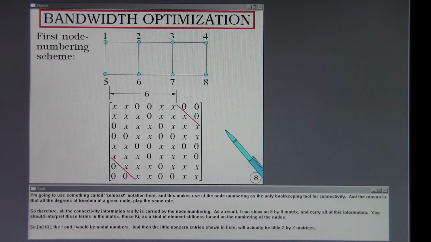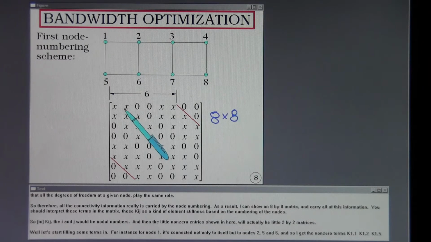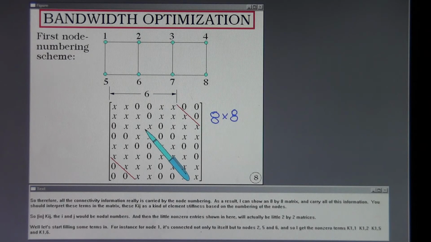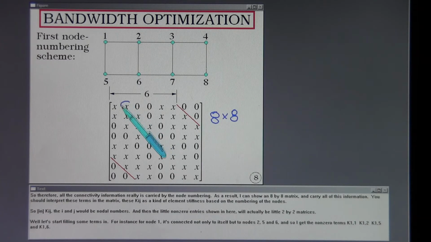As a result, I can show an 8x8 matrix and carry all of this information. You should interpret these terms in the matrix, these Kij, as a kind of element stiffness based on the numbering of the nodes. So Kij, the I and J would be nodal numbers. And then the little non-zero entries shown in here will actually be little 2x2 matrices.